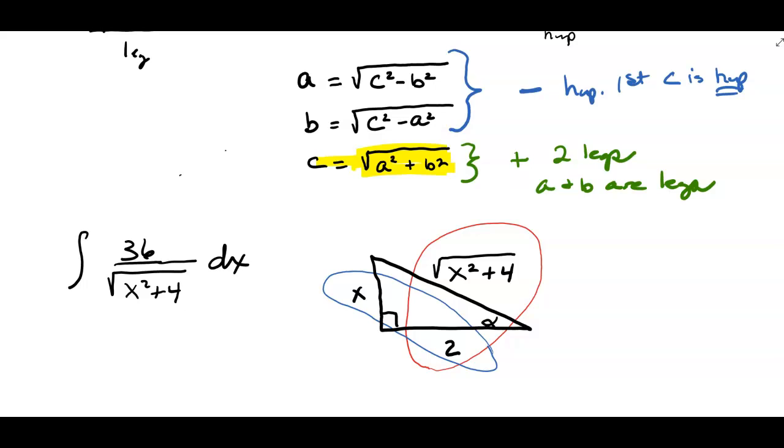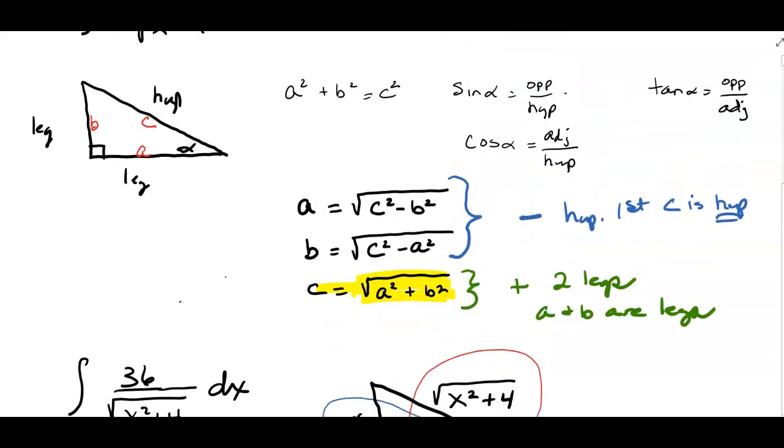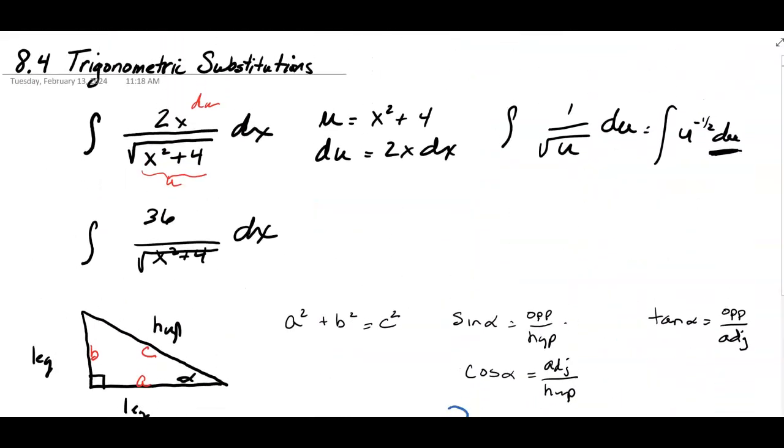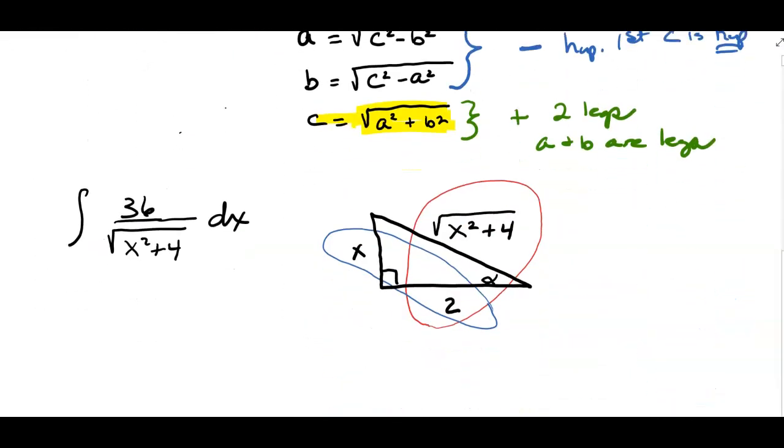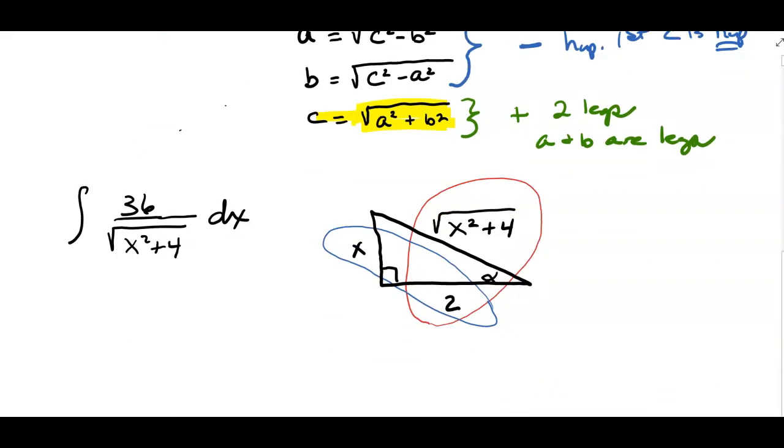When you do that, now let's do the red one first. We're going to write a trig ratio that matches that pair. So the ones in red, I have adjacent and hypotenuse. From my alpha, I have an adjacent and a hypotenuse, so that's a cosine. Cosine of alpha equals 2 over radical x squared plus 4.